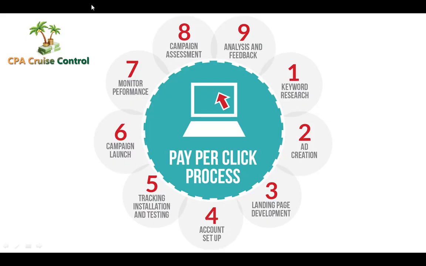Once we have the data from CPV Lab, for this campaign we can conclude and assess what kind of performance this campaign has. Based on the analysis of this campaign, we can provide some feedback on whether we are going to scale up the campaign or go through this cycle again, right? Unless we have a good ROI, then we scale, right?